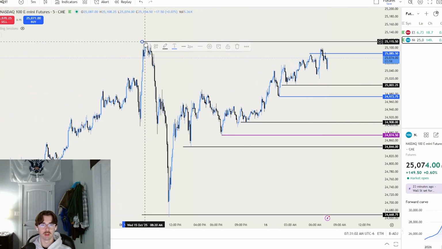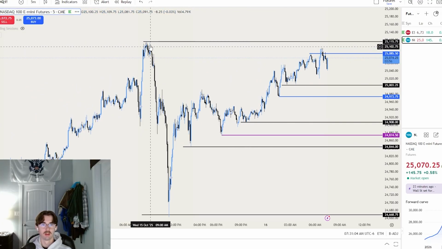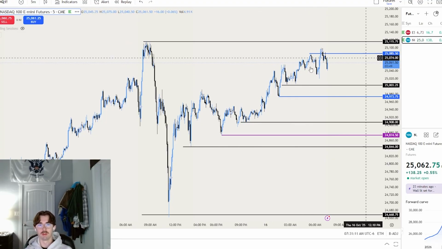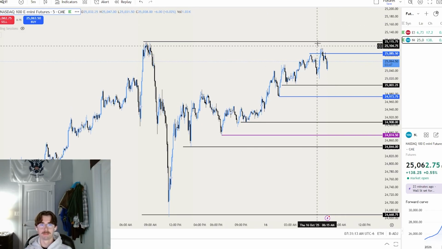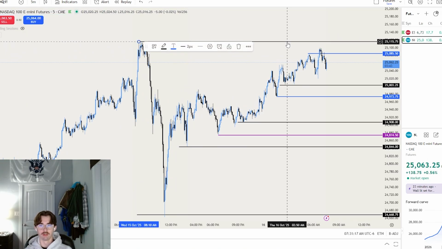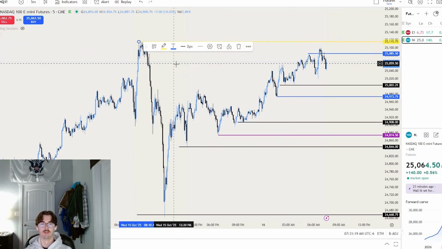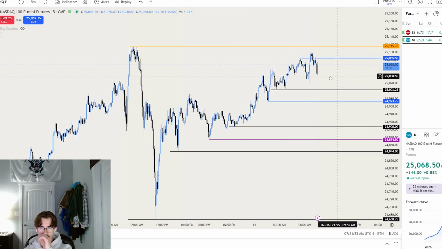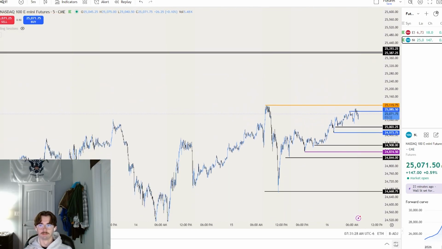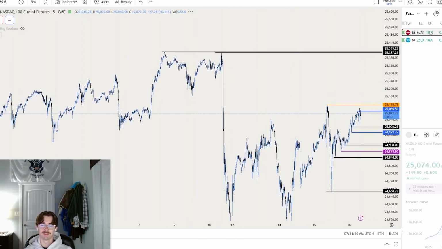Really, what I'm looking for today in terms of manipulation is NQ to manipulate this 4-hour high, which is also our CPI high. So actually mark that. Go manipulate this high right here.